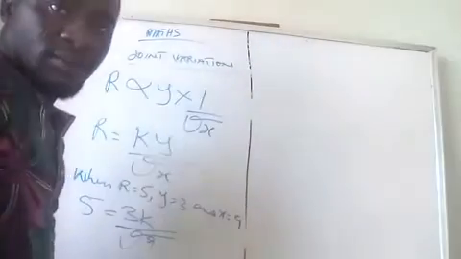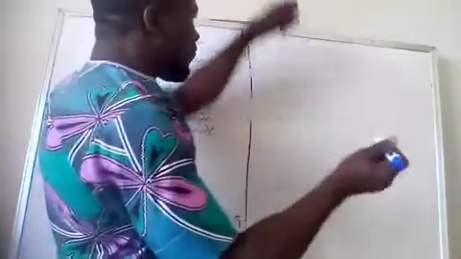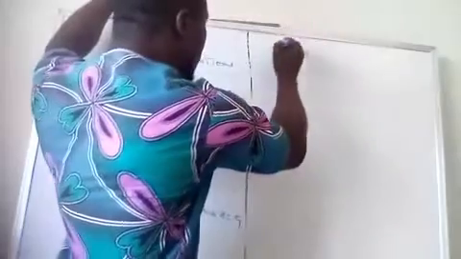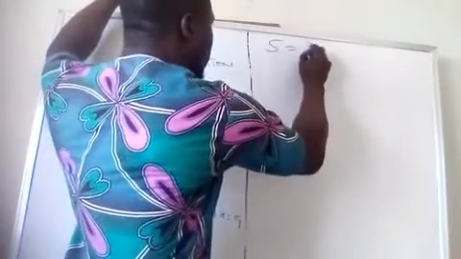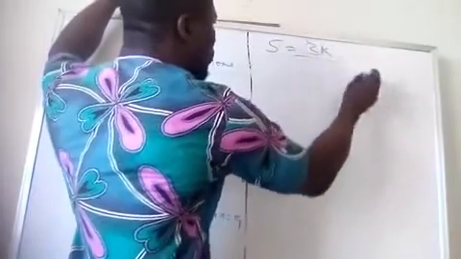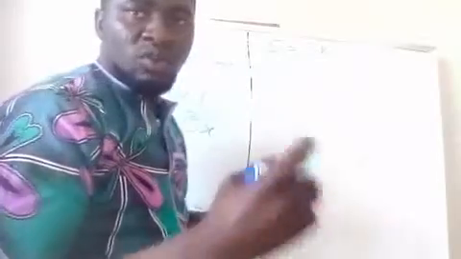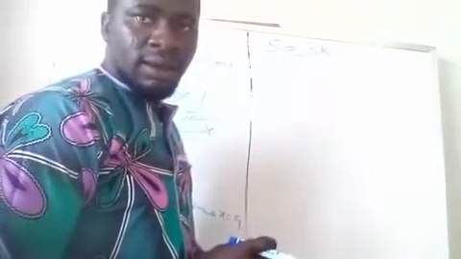So from here you have 5 equal to 3K all over the square root of 9. What number will you multiply to give you 9?